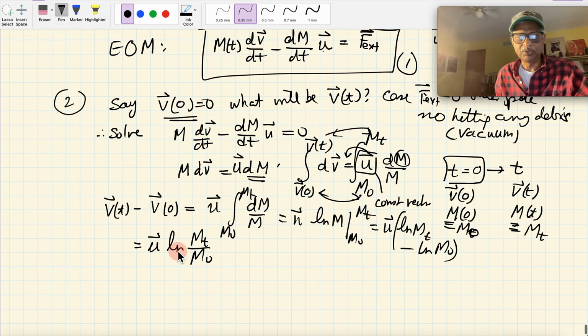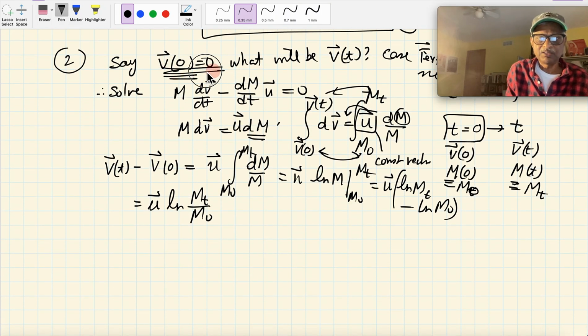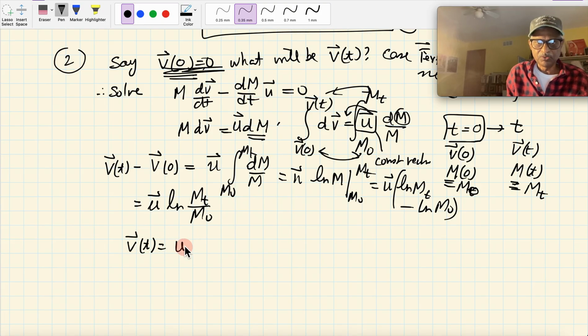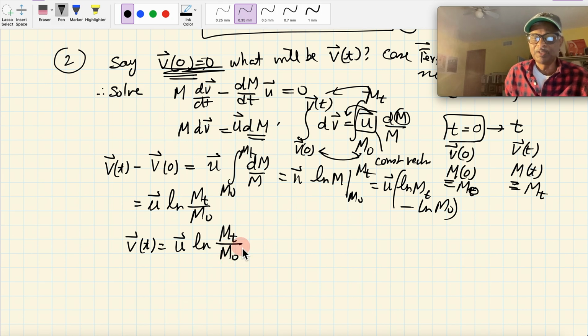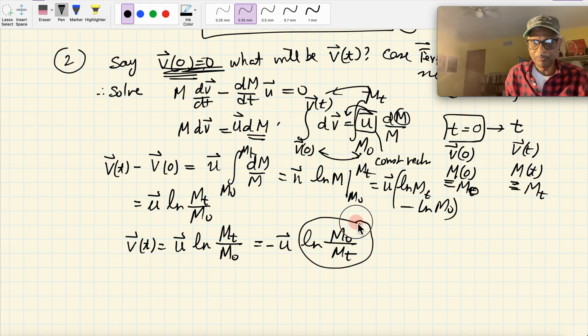So we've solved it, and in this case v at t is just u log m(t) over m0. And you can see that m0 is bigger than m(t). So let's write down minus u log m0 over m(t). So this is now positive. So this velocity is in the opposite direction to the u, which we know.